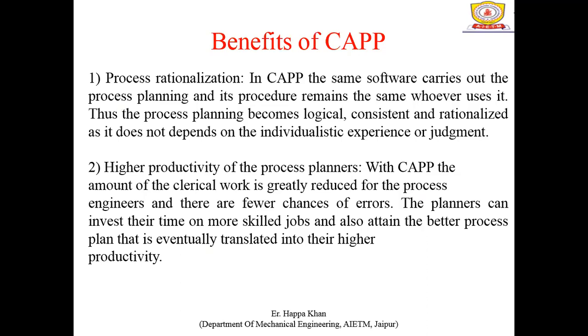The second benefit of computer aided process planning is higher productivity of the process planners. As you are using a computer, you simply generate the code, enter this code in the computer, and it generates a standard process plan automatically.